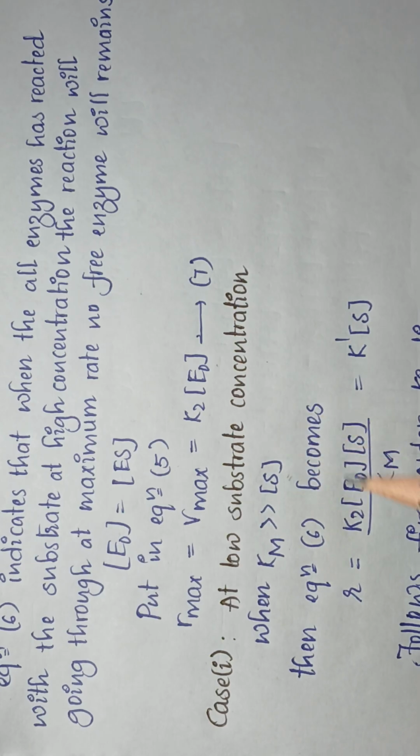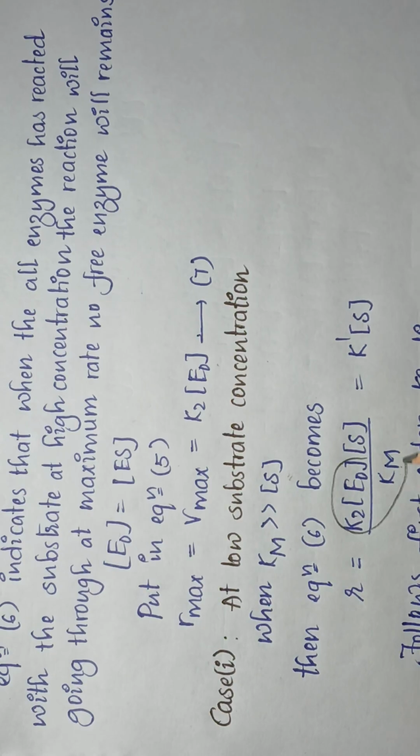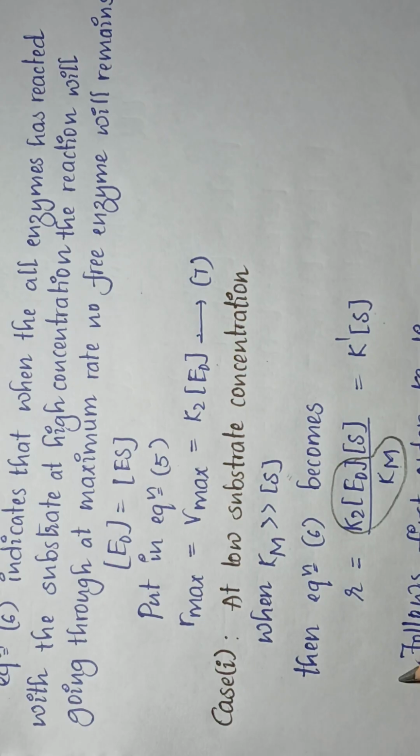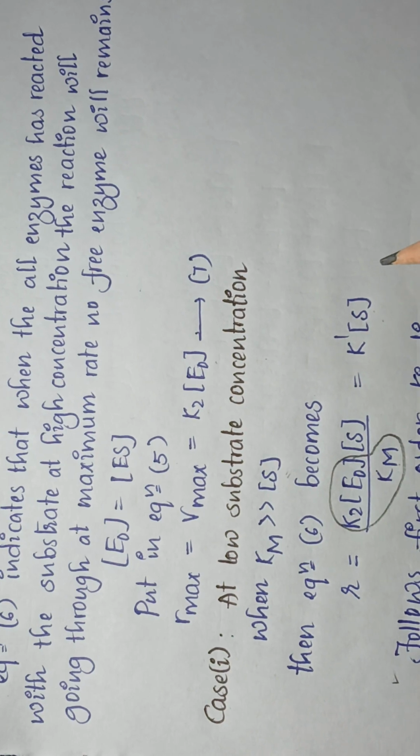Here the rate is equal to k2[E0][S] divided by Km, so all this becomes k' times [S]. This case follows first order kinetics because the rate depends on the substrate concentration.